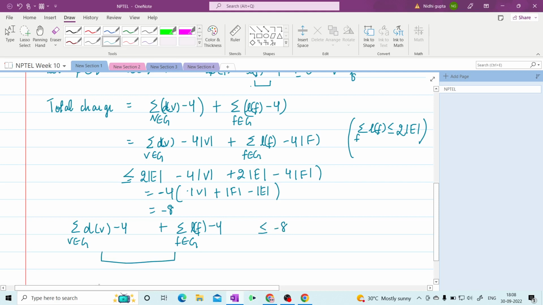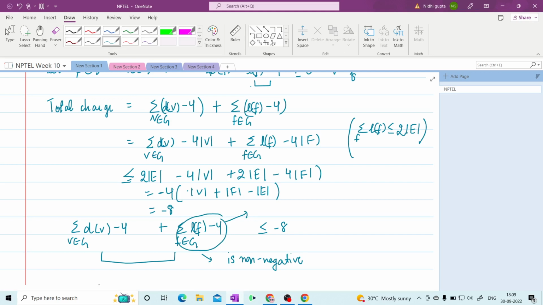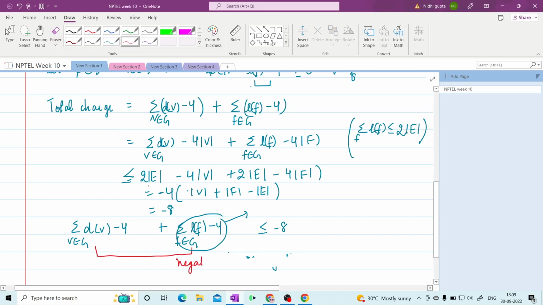So this term, the charge contributed by faces, is non-negative, as we earlier noted. Since the total is less than or equal to minus 8, the left-hand side is negative, so the sum over vertices has to be negative.